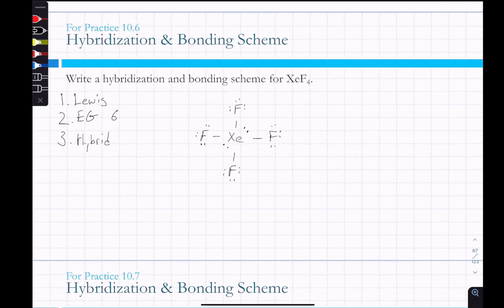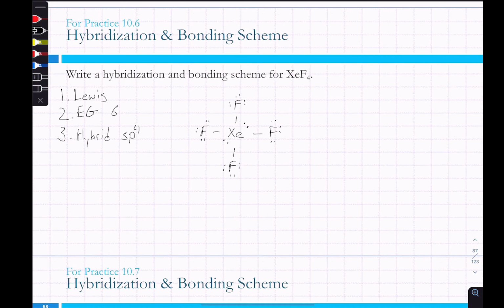Yep. And you can do this. I know I have to get to 6. So if I start with s, that's 1, and then p, and I know if I add 3 p orbitals, that's only going to get me to 4 total. And then I'm going to need 2 more, so we grab 2 d's. So they'll add up to that total. sp3d2.